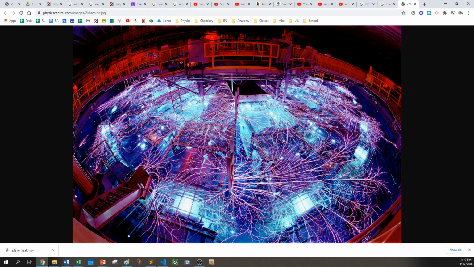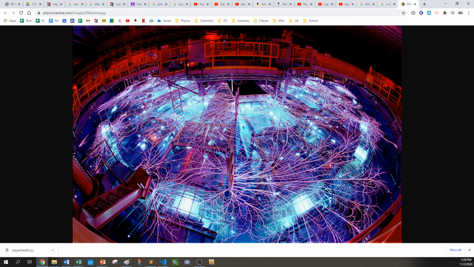This entire machine is pure water. And when you see above the water, it's arcing electricity. The Z machine is the point where we generate the strongest X-rays in the world.